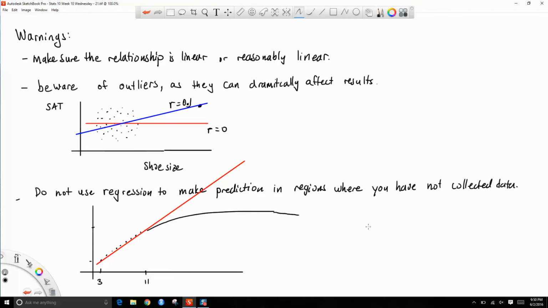But I think a lot of people, maybe unintentionally, not with malicious intent, but start making predictions as such, okay?